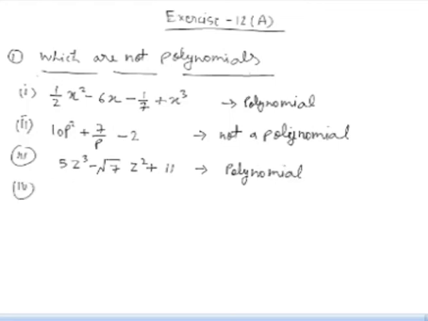And the fourth is 5x minus 8x square upon 1 plus x. Here it is not a polynomial. Why? Because here x is in a fraction, so it is not a polynomial.